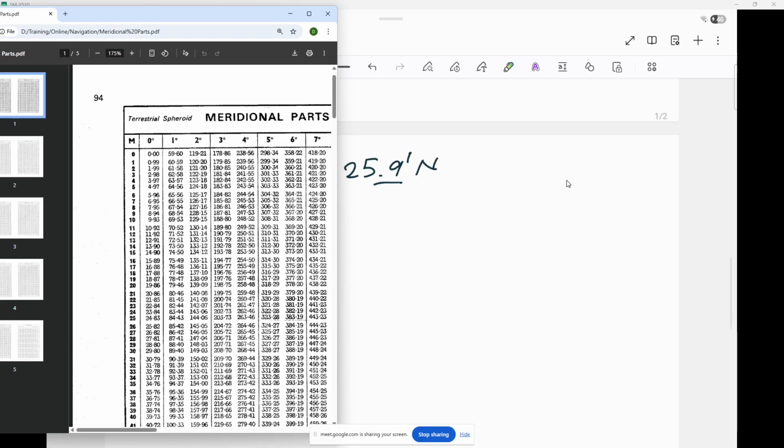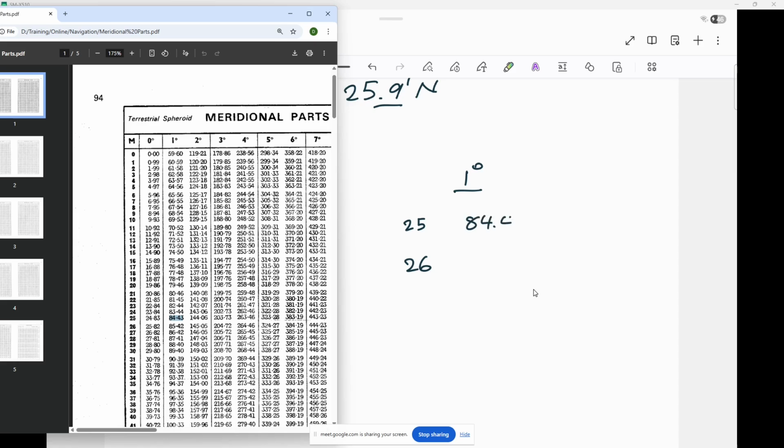Under 1 degree, you can see 25 minutes and 26 minutes. For 25 minutes, the meridional part is 84.43. For 26 minutes, it is 85.42.